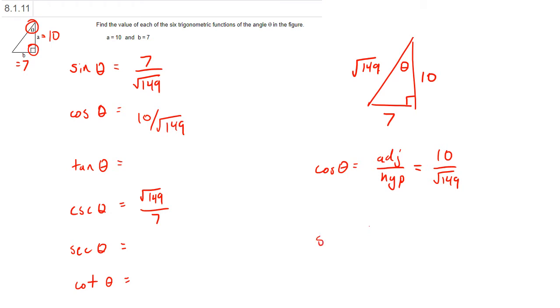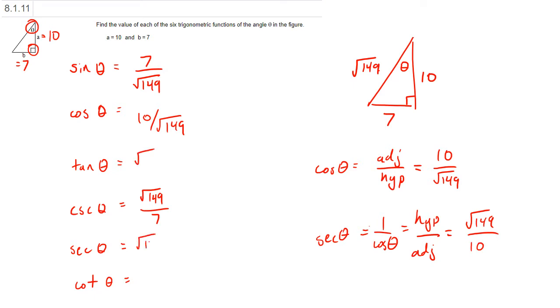As soon as we have our cosine, we can take our secant by just doing 1 over the cosine of theta, provided that wasn't 0, and in this case it isn't. That's just the length of the hypotenuse divided by the adjacent side, the reciprocal of cosine, so it's the square root of 149 over 10. So that is our secant, root 149 over 10.